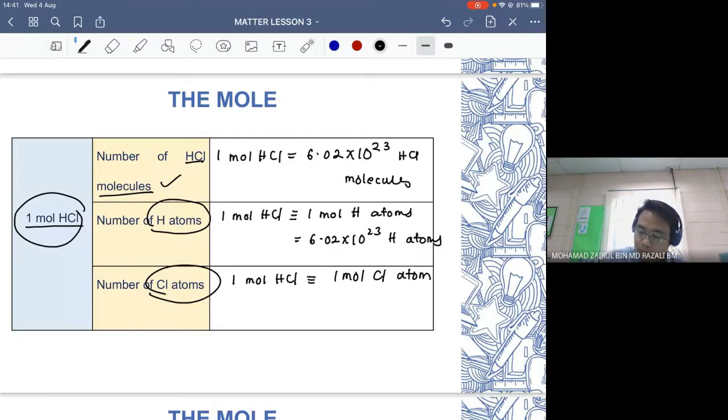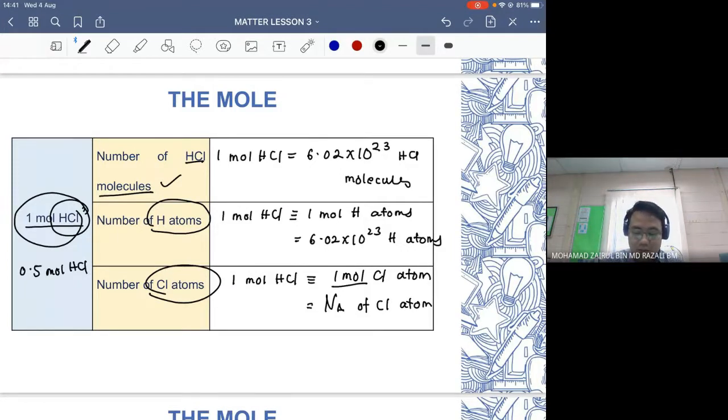Reason dia sebab kenapa chlorine 1 mole is because if you look at the chemical formula, we only have 1 chlorine inside HCl. That's why we call it 1 mole. Okay, so the number equals to Avogadro number of chlorine atoms. So kalau saya tukar 1 mole ni kepada 0.5 mole of HCl, what happened to this number?